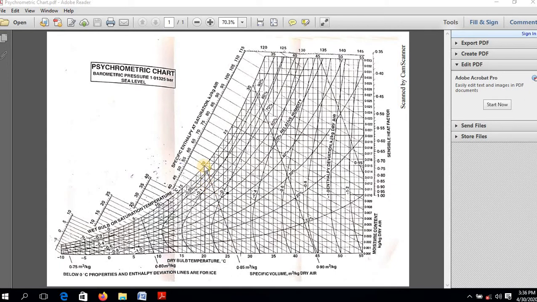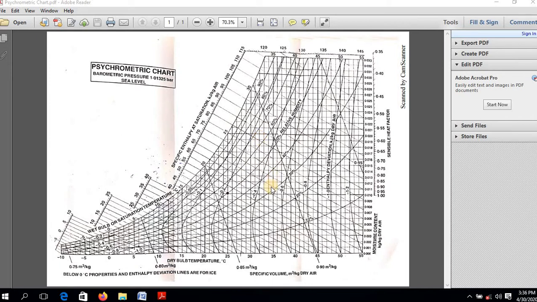Move upward from 25 degrees Celsius dry bulb, along the 22 degrees Celsius wet bulb line. Both lines intersect at a point, and from that point the value of phi is around 78%, just parallel to this curve. Likewise you can find the values of relative humidity.